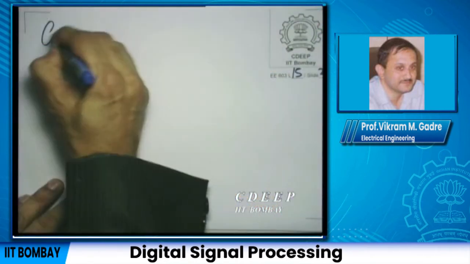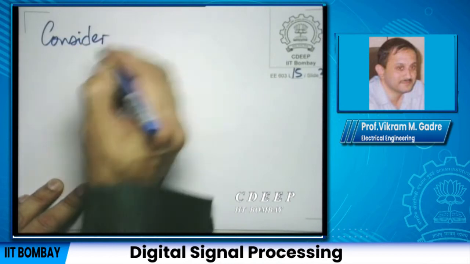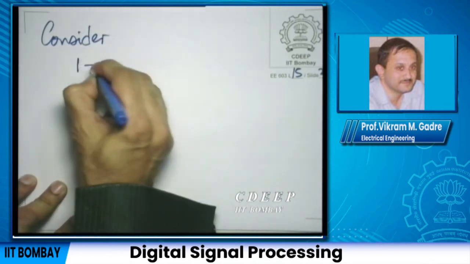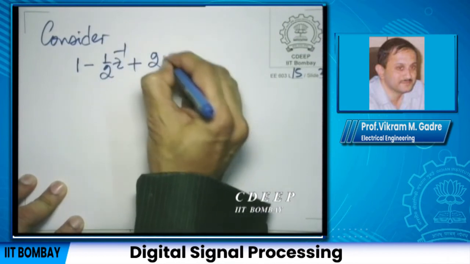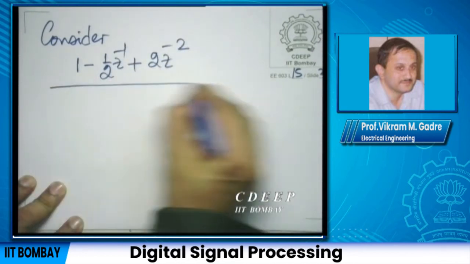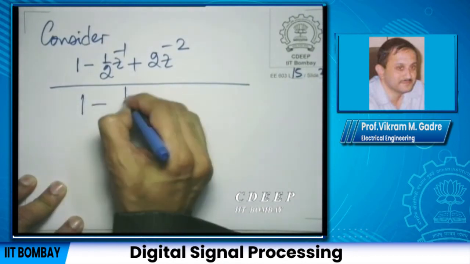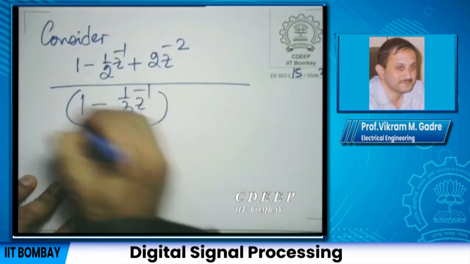So, consider, for example, say 1 minus half Z inverse plus 2 Z to the power minus 2 divided by (1 minus 1/3 Z inverse) the whole to the power 3.